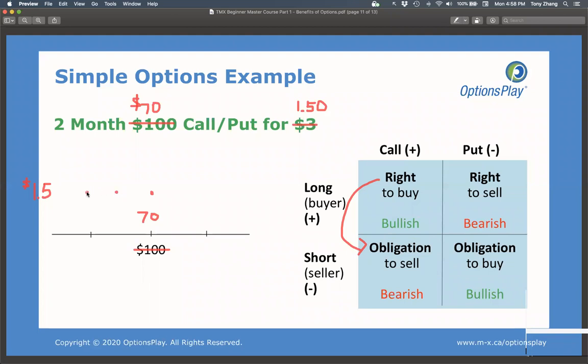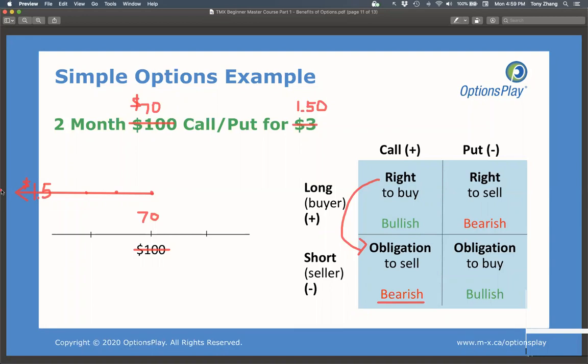So basically, if it's below 70, guess what? I keep my $1.50. So if the stock declines anywhere from $70 or lower after I sell my call, I get to keep my $1.50. And that's part of why we say selling a call is bearish, because if the stock moves lower, you make money on the particular trade.